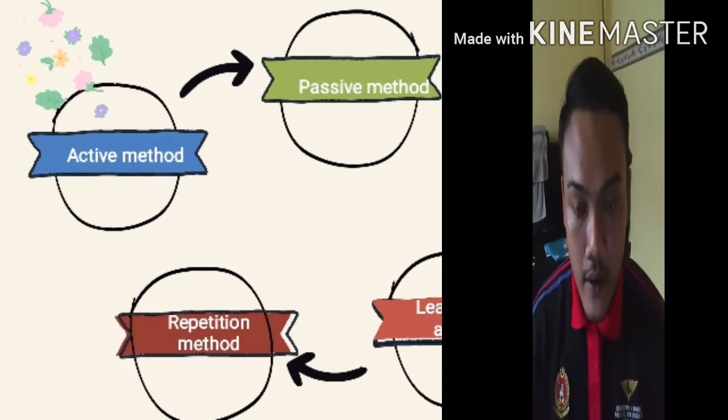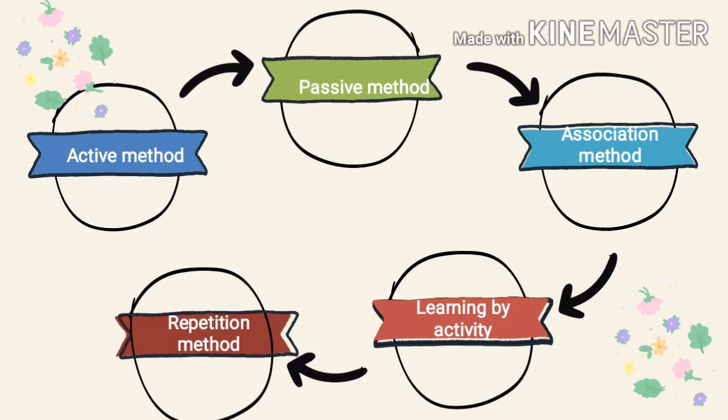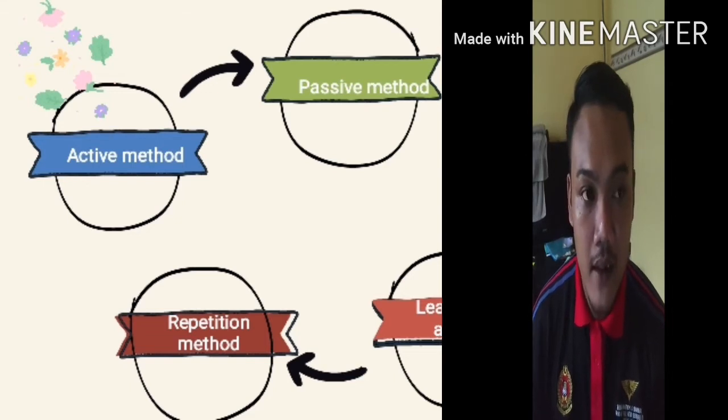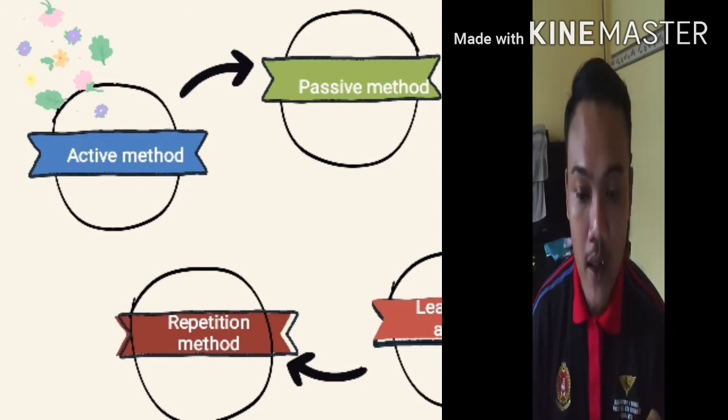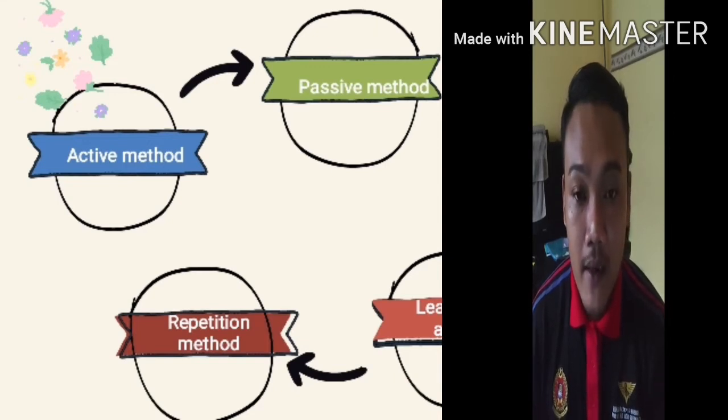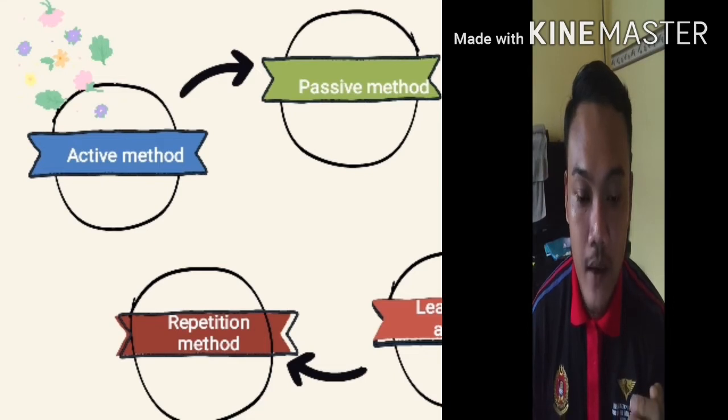And then okay, this point is association method. Here the subject matter is correlated to any other important subject matter by which there is less chance of forgetting the subject matter. Okay, for the association method, we relate it to something we have already learned. To make it easier, for example, we want to learn football techniques, we learn the knuckleball. To relate the knuckleball to a normal kick, meaning when we shoot or take a free kick, with a normal kick placing we use the inside foot.